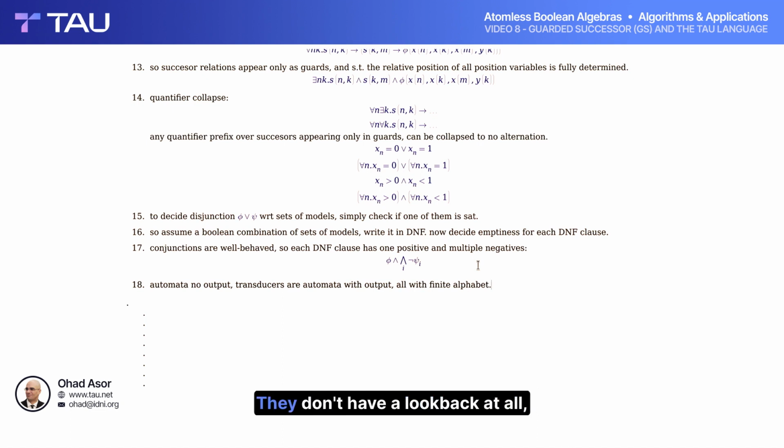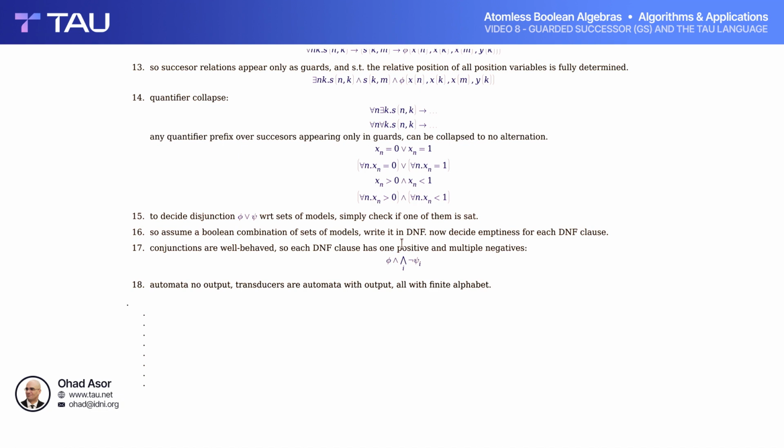Automata as formulated don't have a loopback at all, but you can always simulate bounded loopback by exponentially increasing the alphabet size, and in turn also your automaton size. So we can see that this formulation reduces to automata in the finite case, but in the infinite case, like in any weakly omega categorical theory, like in the theory of Boolean algebra, we get a certain kind of automata over infinite alphabet that can probably be expressed using open formulas, as we saw, formulas with free variables.